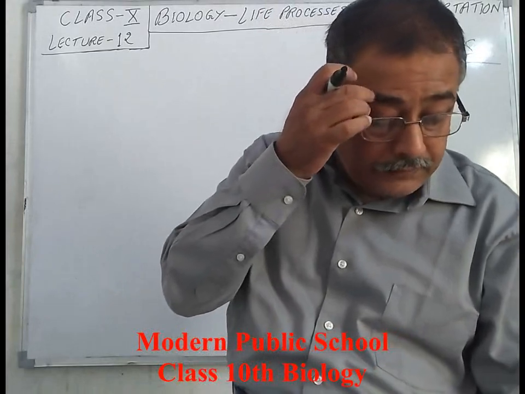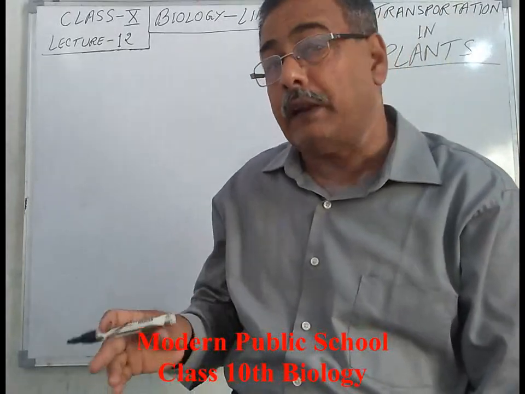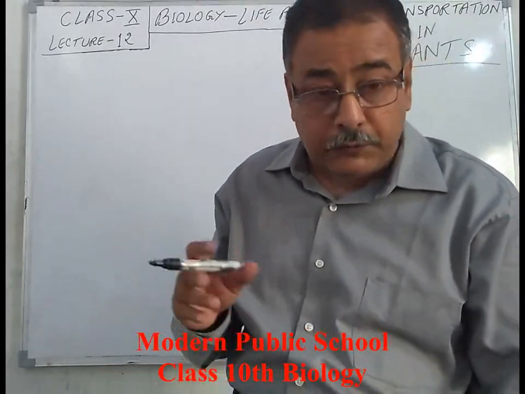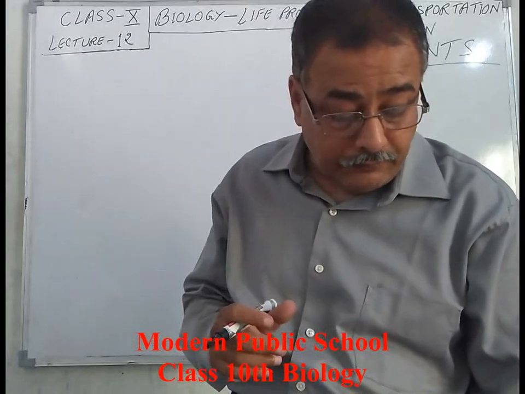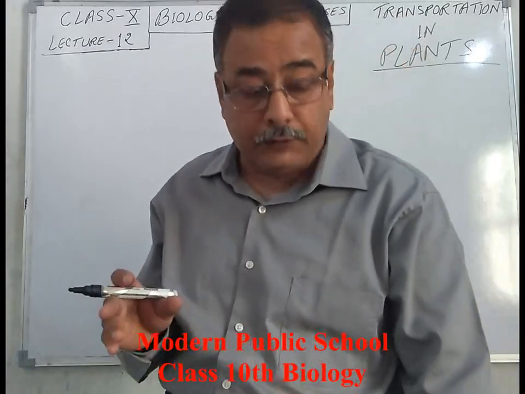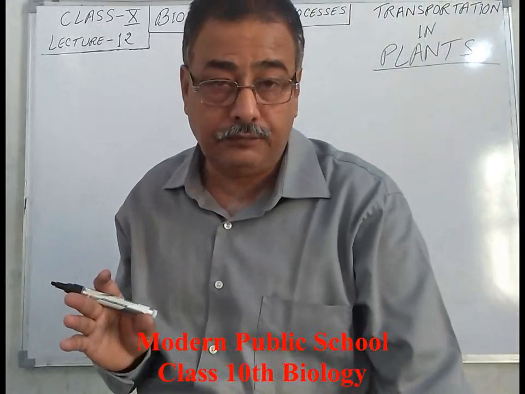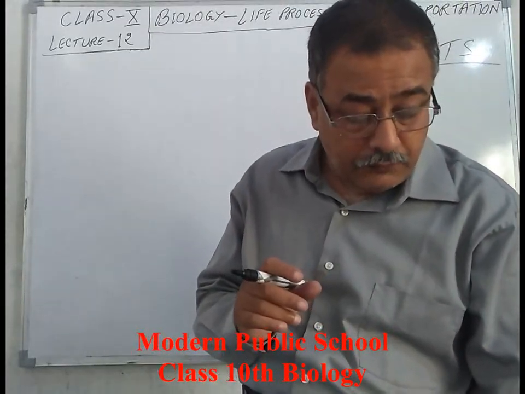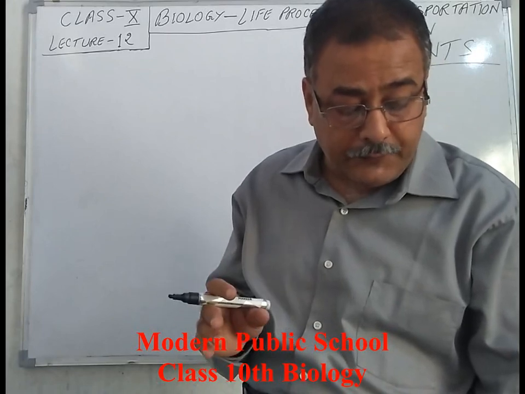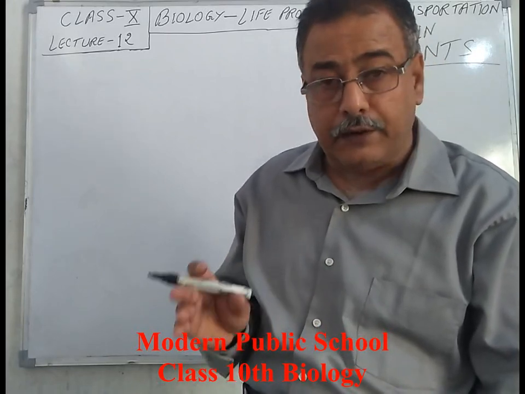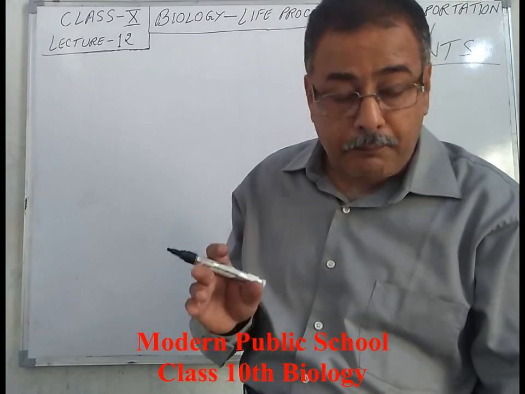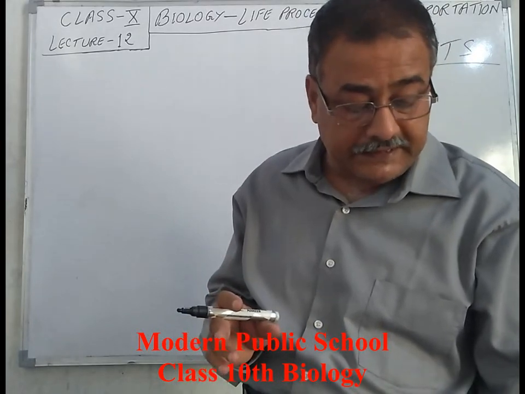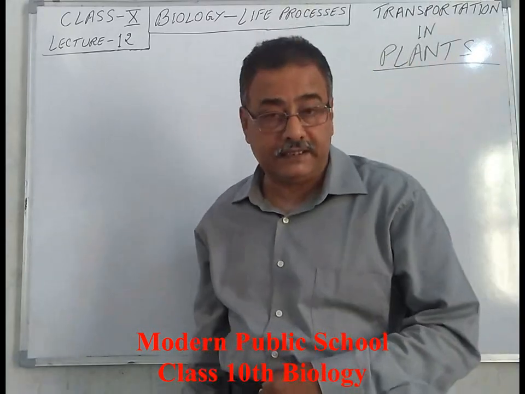But if these distances become large, because of changes in plant body design, diffusion processes will not be sufficient. There must be a transportation system which provides raw materials to leaves and energy to roots. A proper system of transportation is therefore essential in such situations.